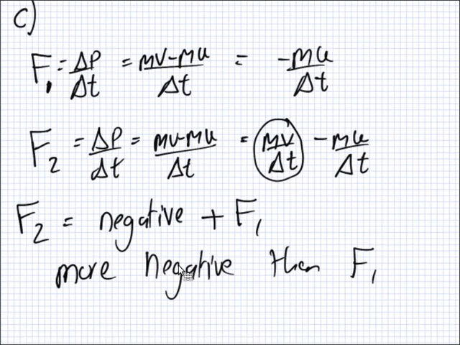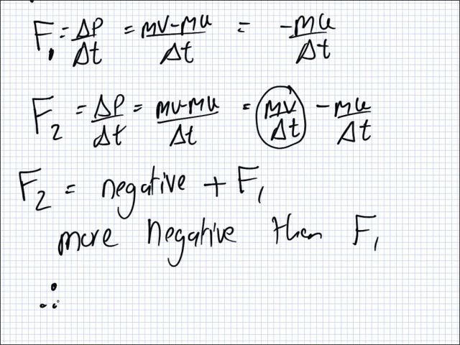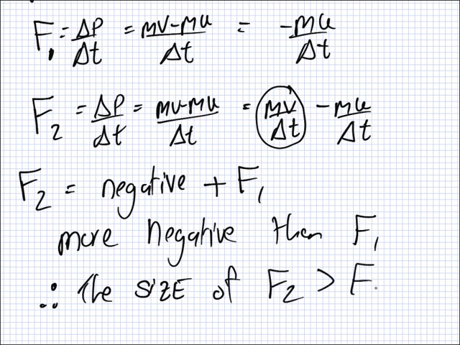So therefore F2 is bigger in size, in magnitude. We'll say the size of F2 is more than F1. So in other words, if the water rebounds, then there's more force.